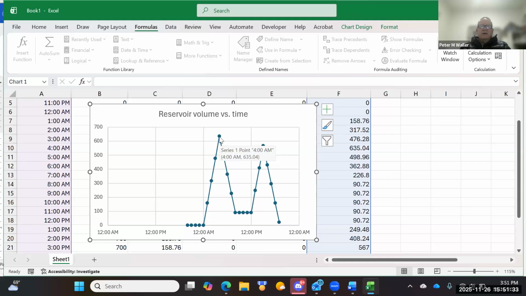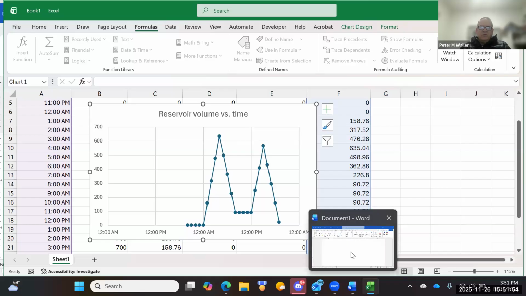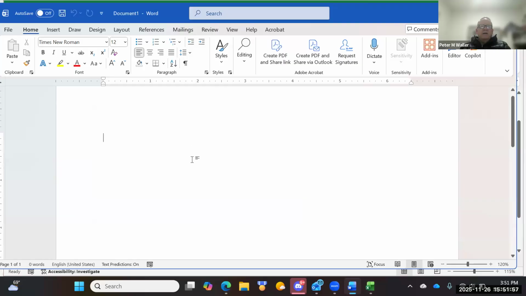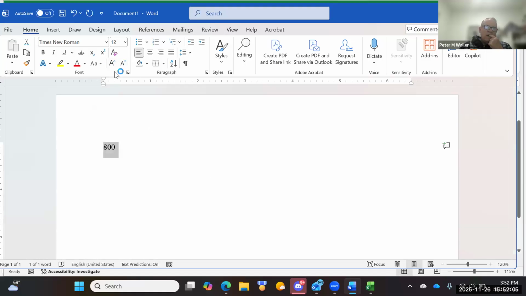And so I'm going to have a reservoir volume of 800 just because I don't want to be playing right on the edge of the overflow or whatever. And I'm also going to give it a little freeboard on top of that. So anyway, if I want to have an 800 meter cubed reservoir.